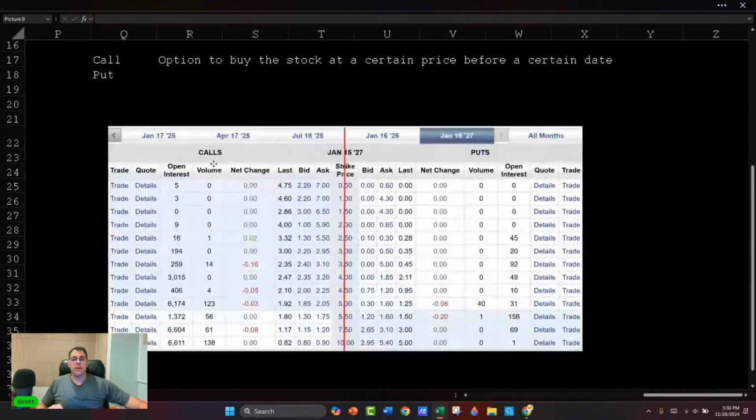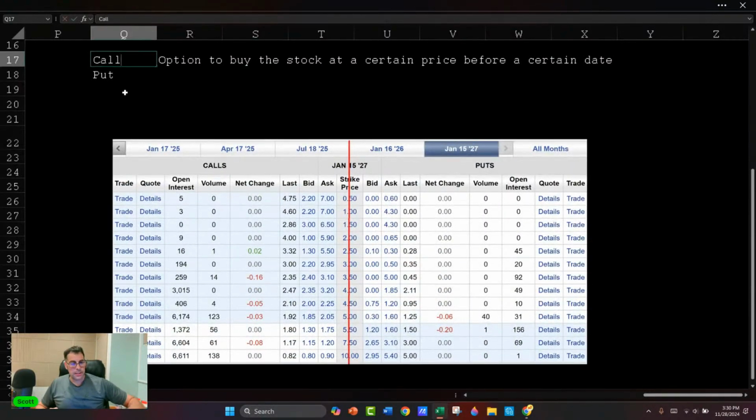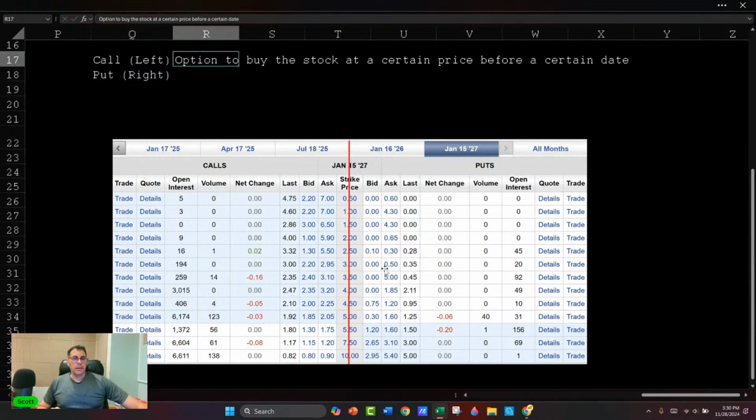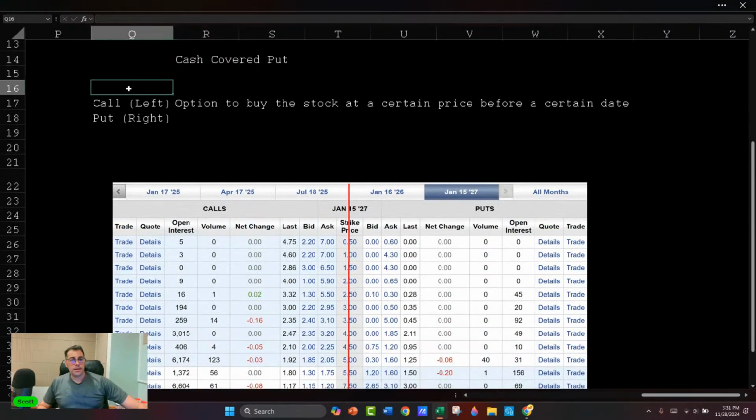Because if you go to any website and you go to options, there's calls and puts. So on the left side of the red is calls, the right side is puts. So a call is given if you buy a call. This is GRAB.